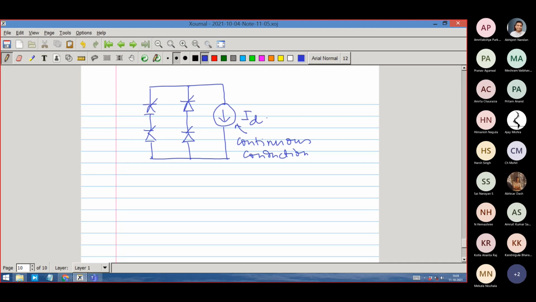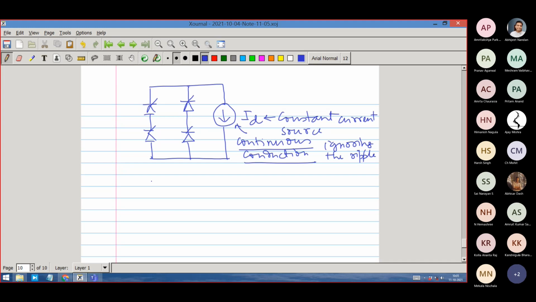So what we are doing here is we are taking the fact that it is in continuous conduction mode, giving it more importance and ignoring the ripple. So this way we get clarity and simplicity in the operation.